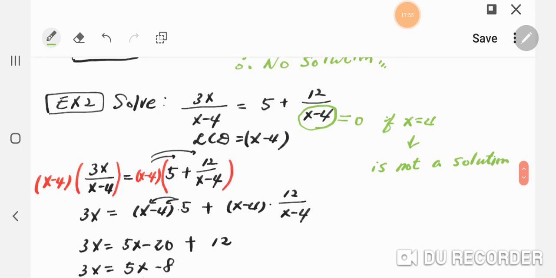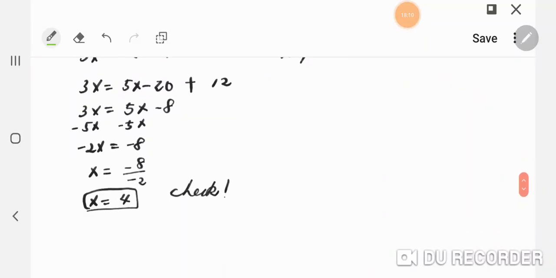because 4 makes the denominator 0, and the fraction will be undefined, so the equation is undefined. So since 4 makes the denominator 0, 4 is not a solution.